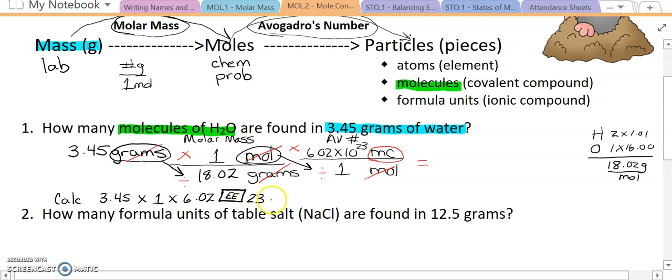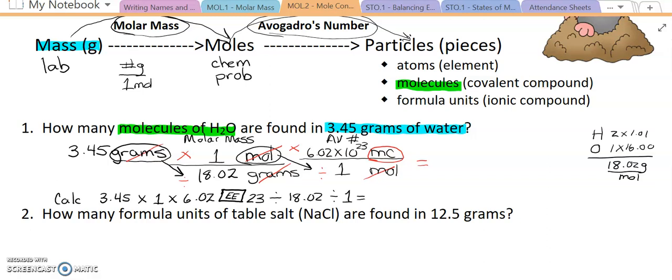No equal sign yet. I'm going to hit divided by. I'm going to take 18.02. I'm going to take divided by 1, and yes, I usually skip that step. And now I'm going to hit equals. And my calculator is just fine with that calculation.